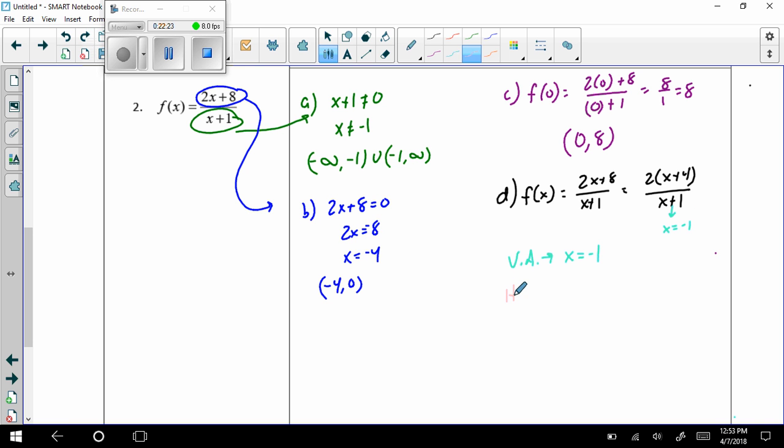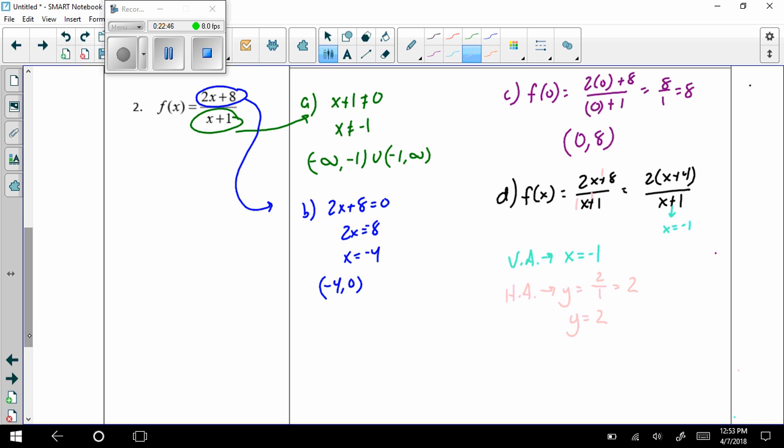Horizontal asymptote, we are looking at degrees. Degree on the numerator is 1, degree on the denominator is 1. So we look at the ratio of leading coefficients. My leading coefficient in the numerator is 2. My leading coefficient in the denominator is 1, and 2 divided by 1 is 2. So my horizontal asymptote is y equals 2.